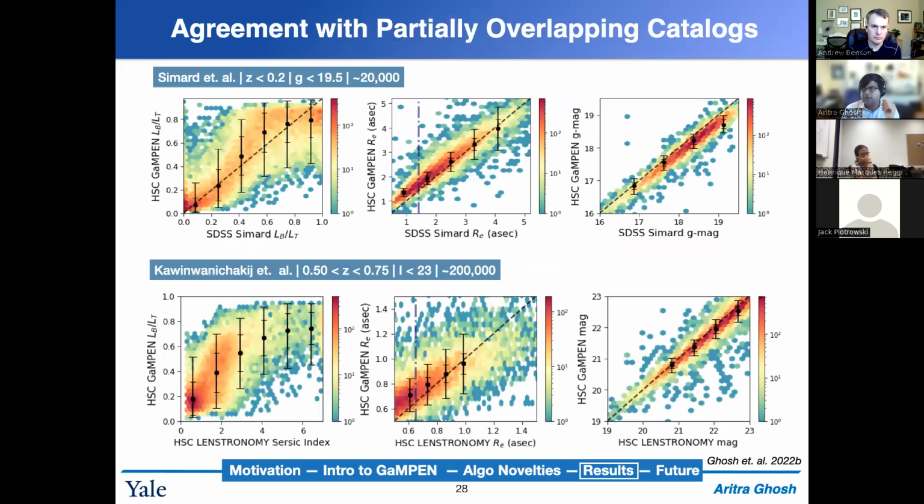But what we are able to do is compare with two other independent studies, one performed with the Sloan Digital Sky Survey, which is Simard, and another done more recently using a different tool, but again on Hyper Suprime-Cam. As you can see from the numbers, these are on much smaller subsamples of our total sample, but still this gives us an idea of what our results are.